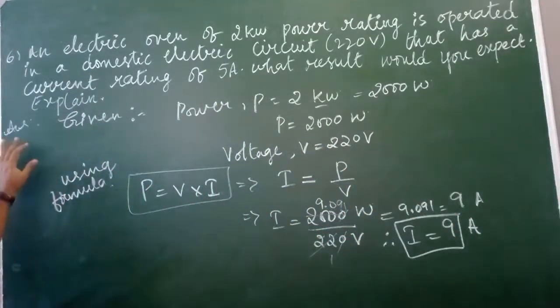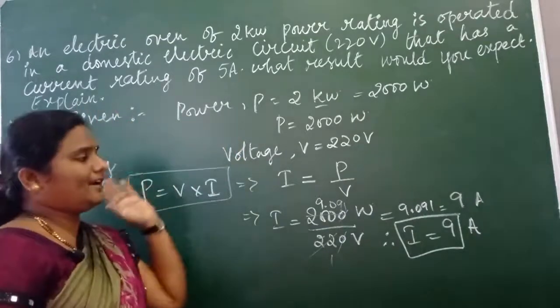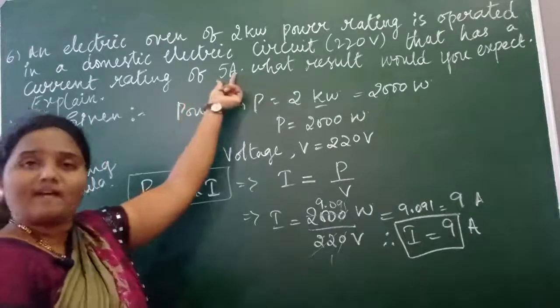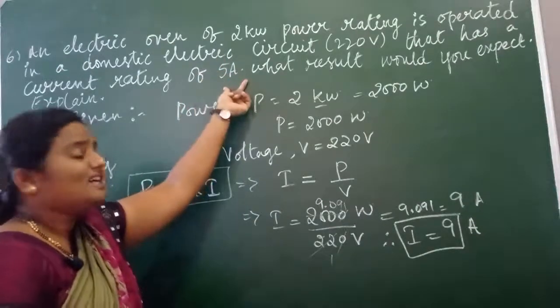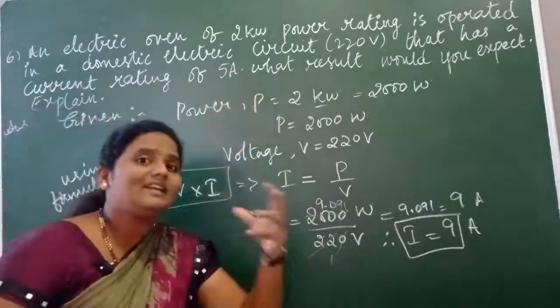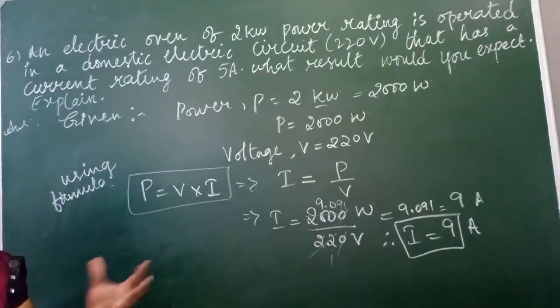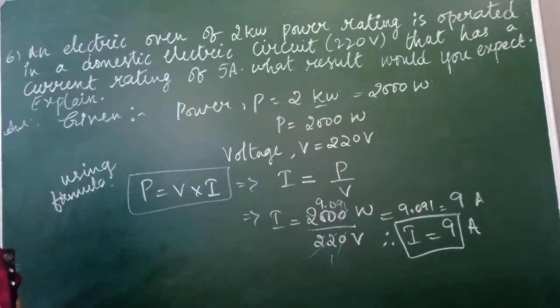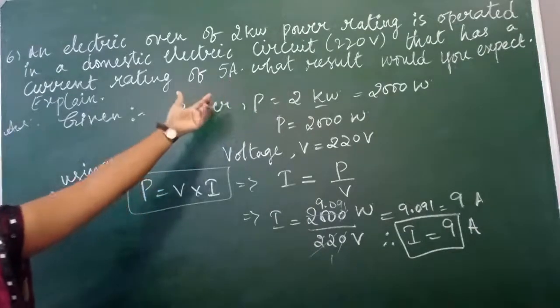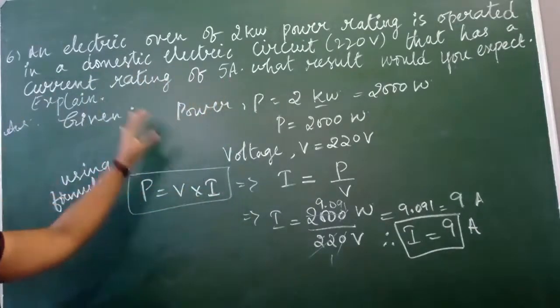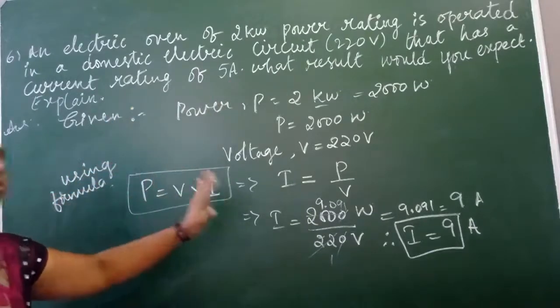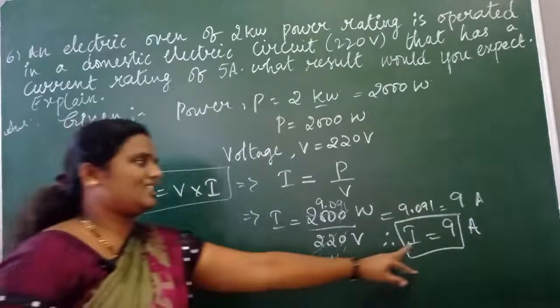So we can say that, suppose if we connect this electric oven to a 5 amperes fuse, the maximum, that is the safer limit, will be exceeded, children. So what happens? The circuit will become open. Then this 5 amperes fuse starts melting because it consumes a larger amount of current, isn't it, children?